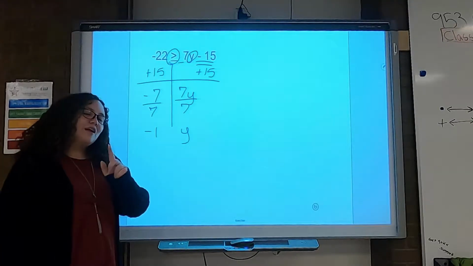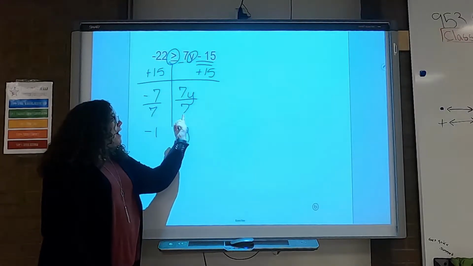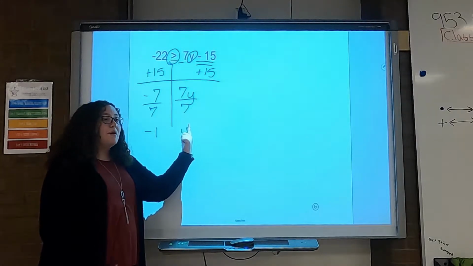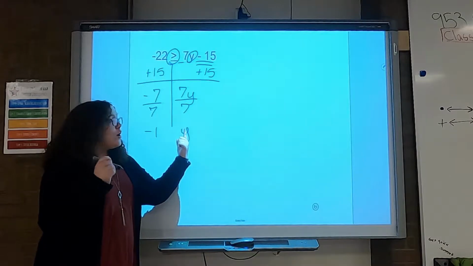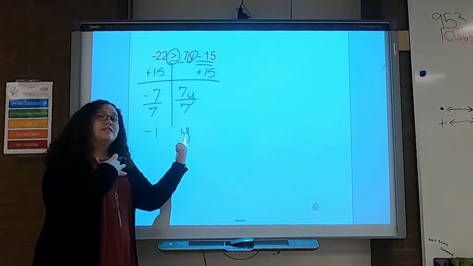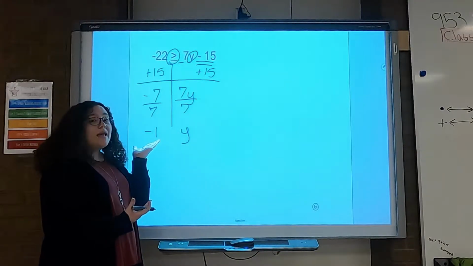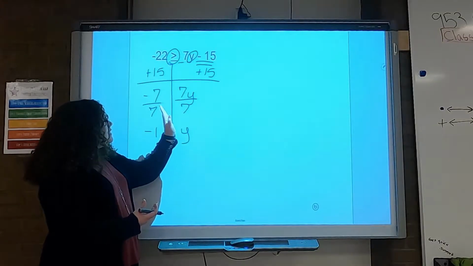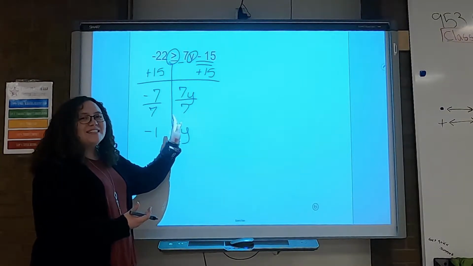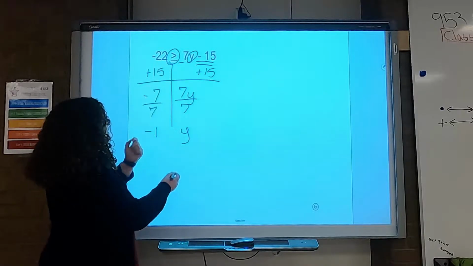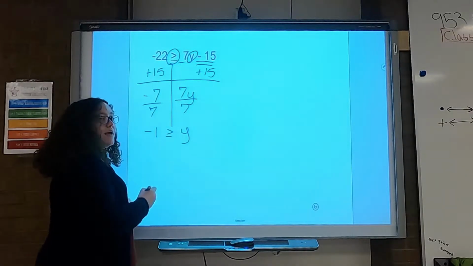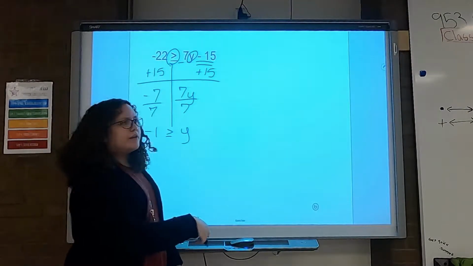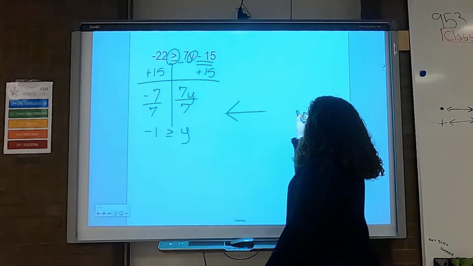Except the number we actually divided by was this +7. Now remember, like Mr. Craig said, we only have to flip the sign if we are dividing by a negative, not if we end with a negative. So since we divided by a positive number, we are going to keep this exact same sign the way it was to begin with. And just to quickly graph it, we've got a tiny little number line.